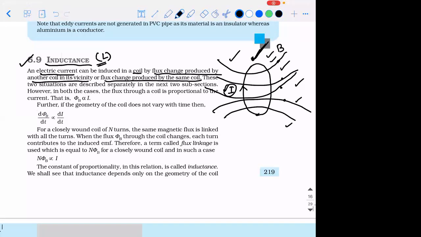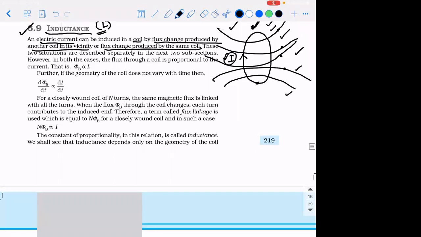So what I'm trying to say is, I can change the flux that is linked with this coil. The magnetic flux linked with this coil is directly proportional to the amount of current that is flowing there. Because if I increase the value of current, the value of magnetic field will increase.